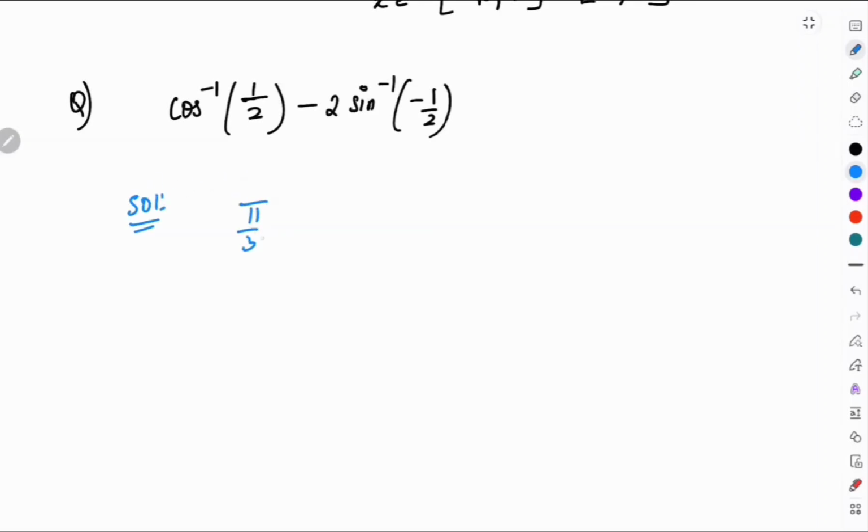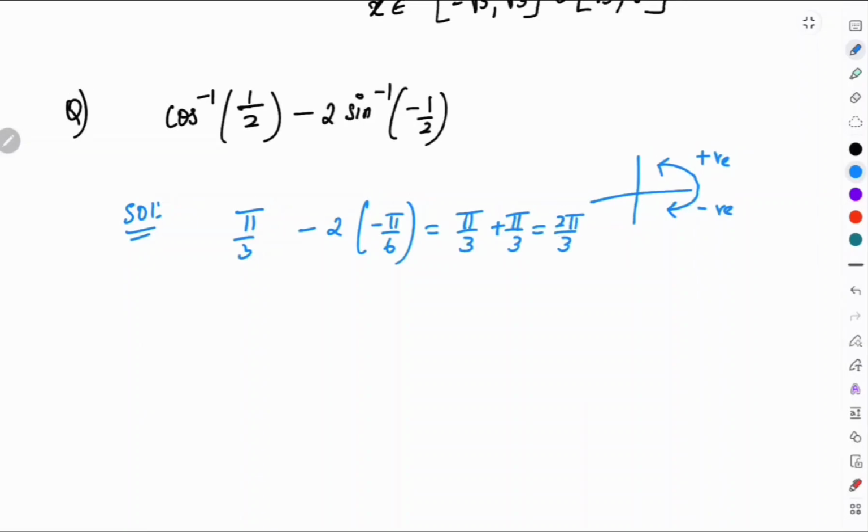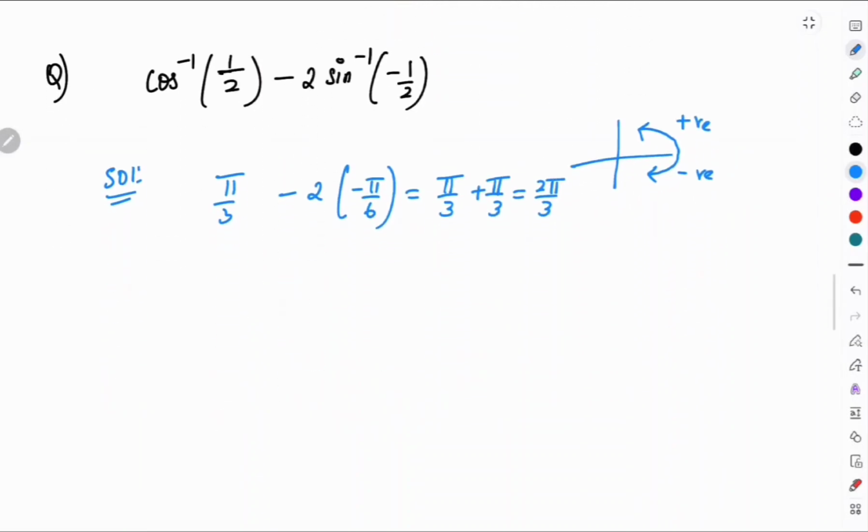We know that it's π/3. And sine output lies in the first and the fourth quadrant. First quadrant will be positive and the fourth quadrant is negative. So sin⁻¹(1/2) is π/6, so you can write it as −π/6. So what you get is π/3 + π/3 = 2π/3. So that is our answer, right?